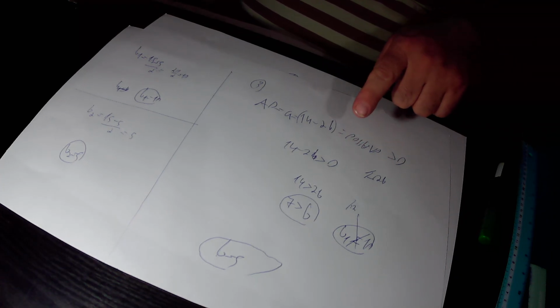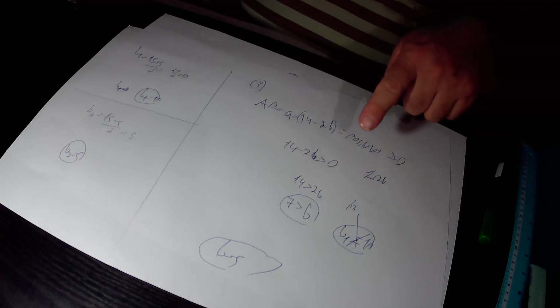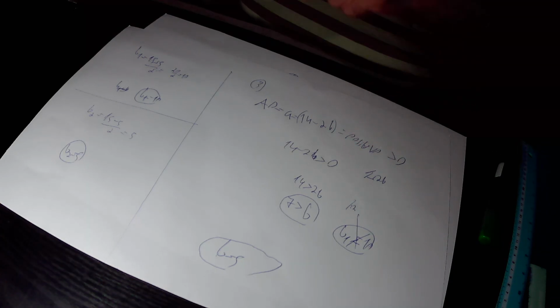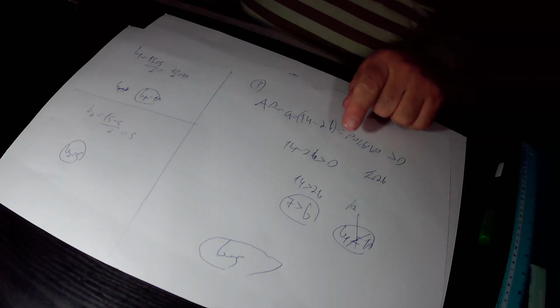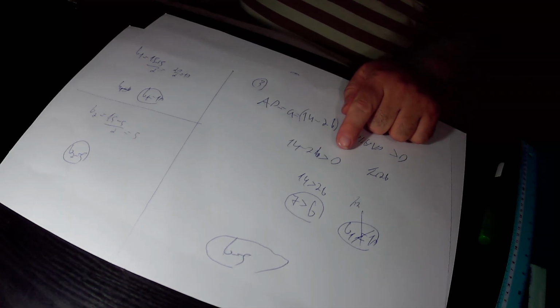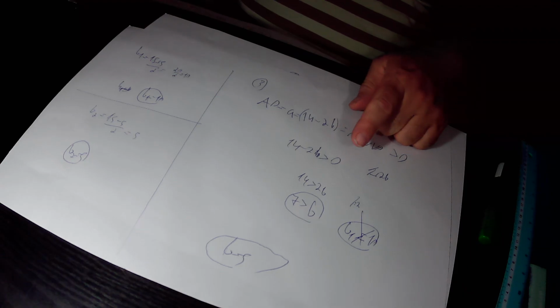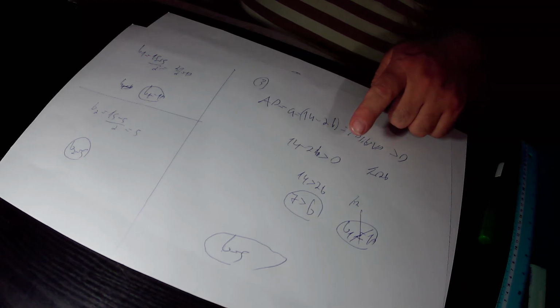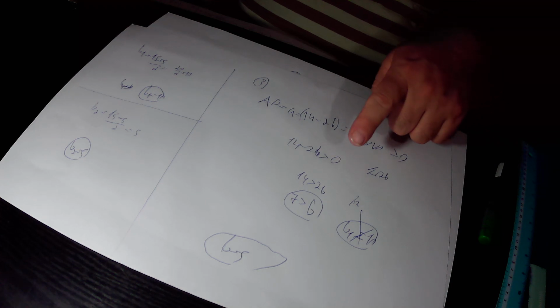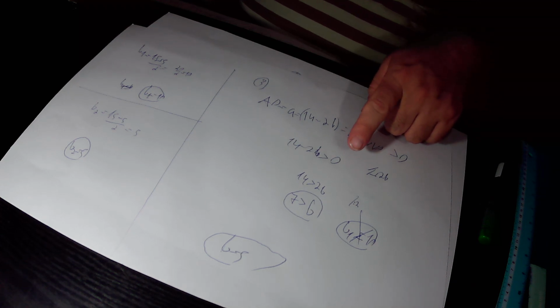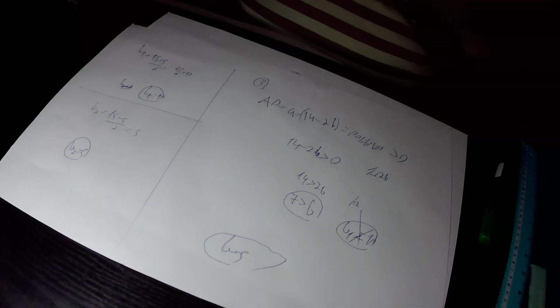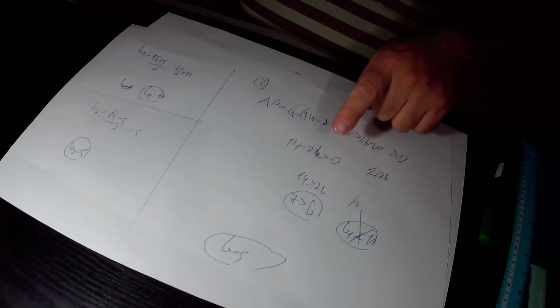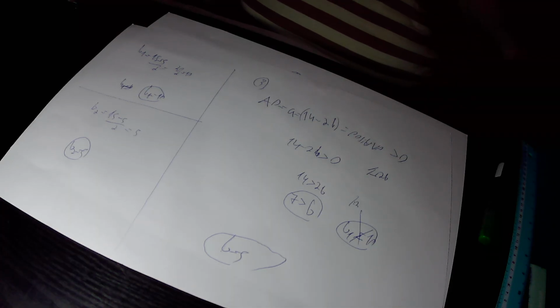Then we divide this inequality by 2, and 14 over 2 is 7 and 2b over 2 is b. So we found that b must be less than 7.